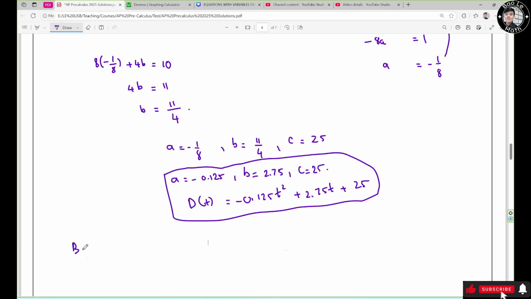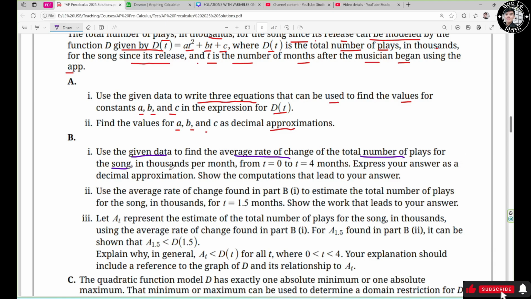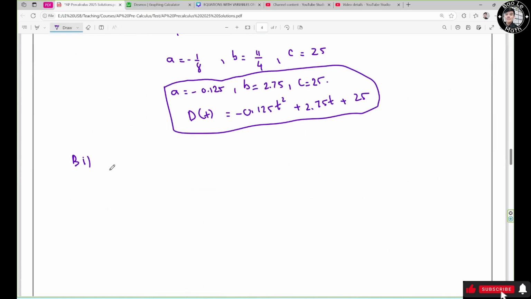Alright, question B, part I. Now, use the given data to find the average rate of change of the total number of plays for the song in thousands per month from t equals 0 to t equals 4, right? So t equals 0 is going to be 25, t equals 4 is going to be 34, right? So the average rate of change is d of 4 minus d of 0 over 4 minus 0, right?